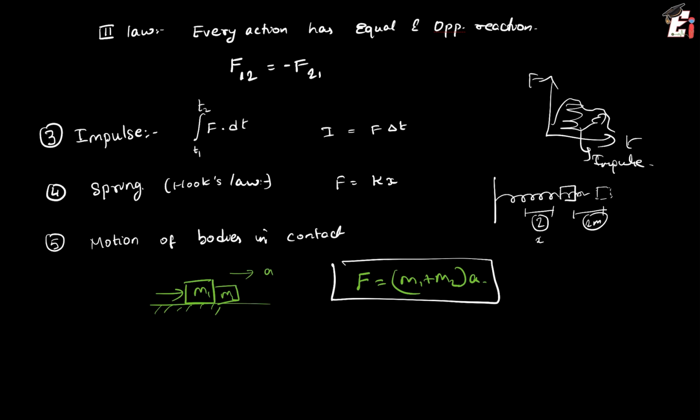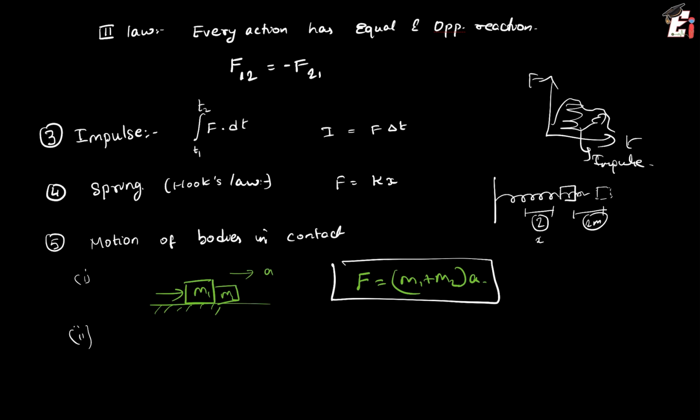Now what is going to happen if the forces are acting in opposite directions? So this is the first case, force acts on a body of mass m. Now let's talk about the second case. In the second case, what is happening? M2 is putting force on mass m1. Here both are going in the same direction.